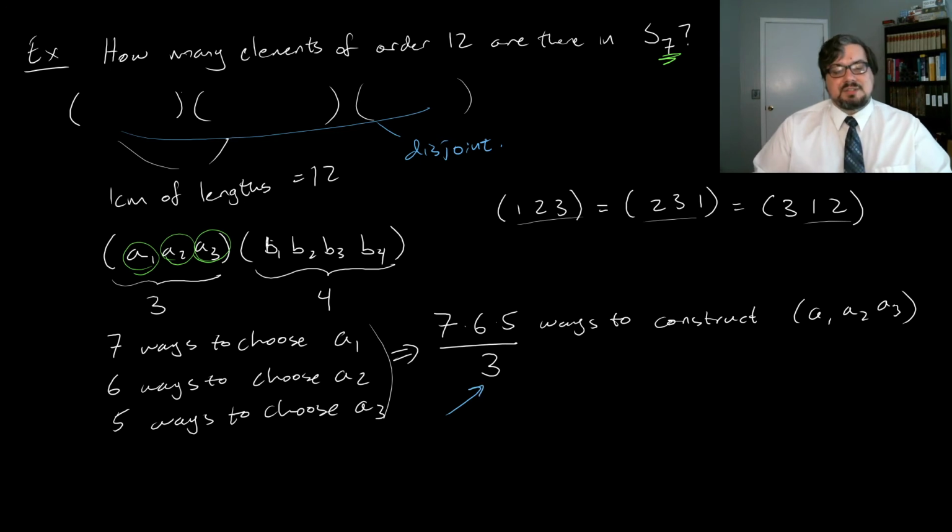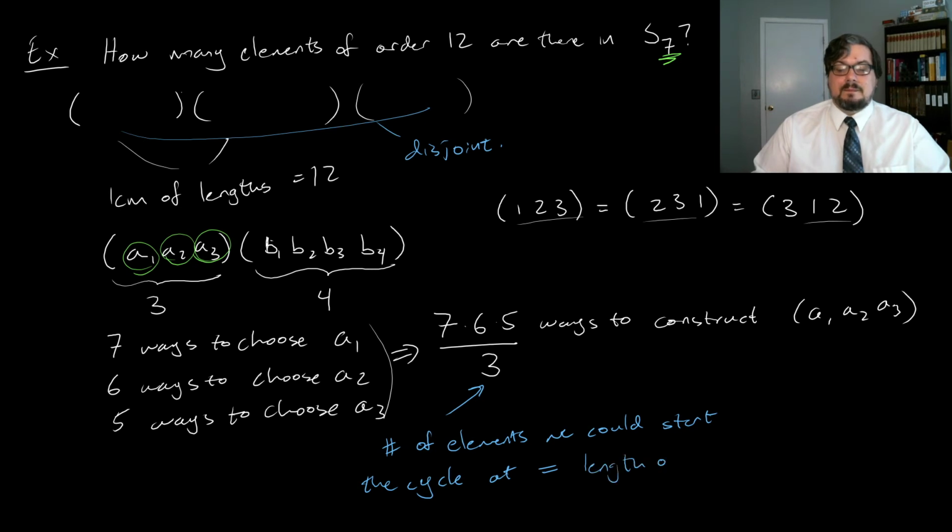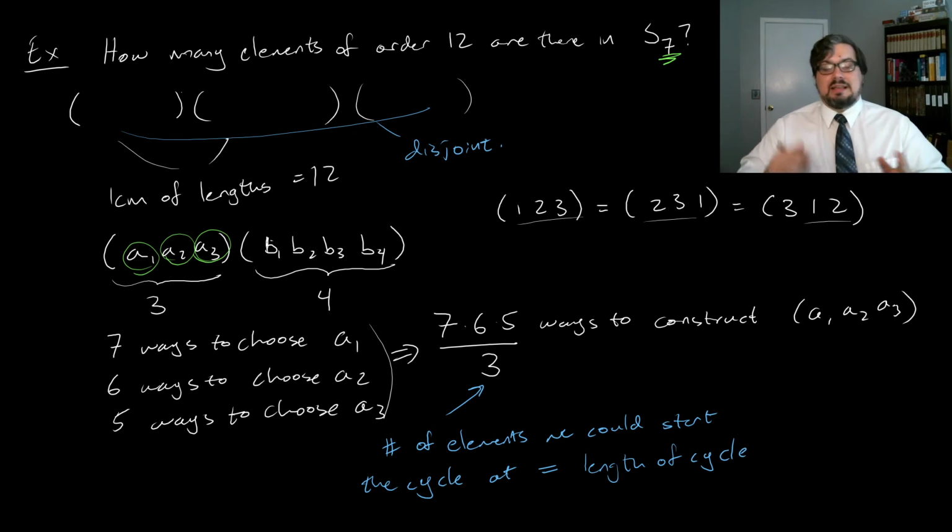So this 3 here is the number of elements we could start the cycle at. Or in other words, this is the length of the cycle, because we could start the cycle at any point along it. We could start at 1, we could start at 2, we could start at 3. And so we need to divide by 3, because that's the number of times we've counted each cycle.